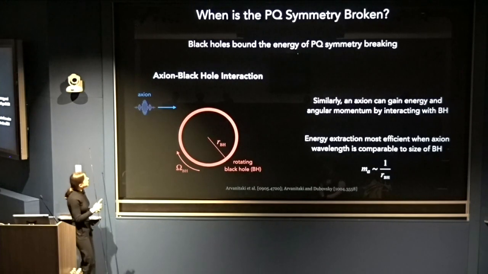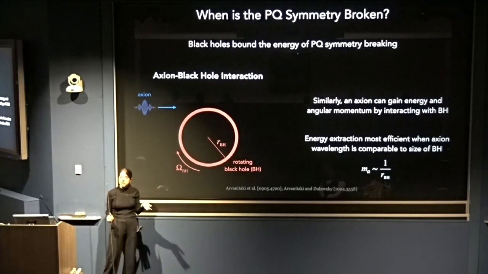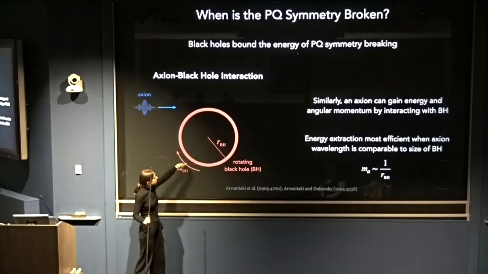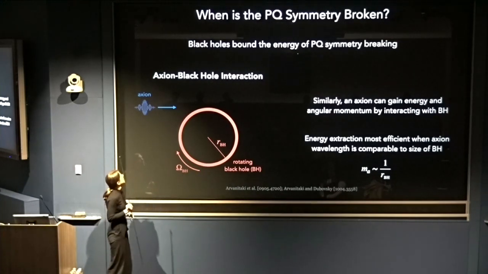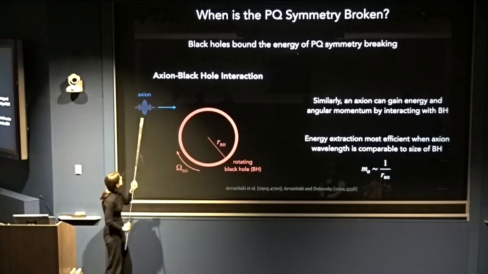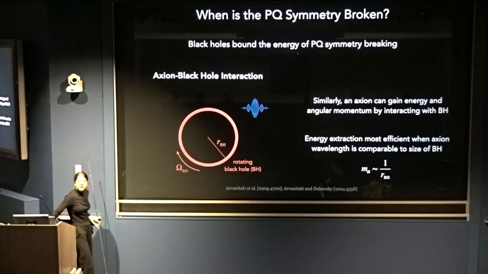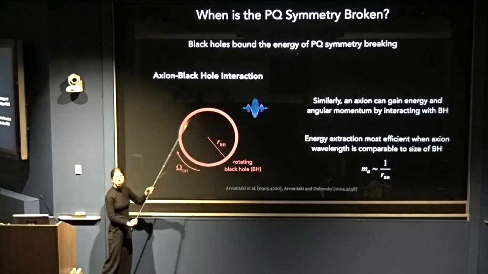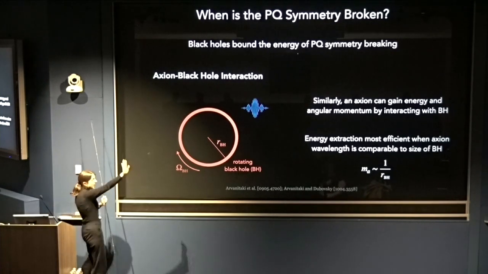A very similar thing can happen when one of these axions flies by a rotating, spinning black hole. In this case, it's the event horizon of that black hole that provides a little bit of, quote, friction. So this is spinning. That axion comes in. When it passes by that horizon, it gets a kick in energy. It essentially extracts a little bit of energy from that black hole and flies off. But it doesn't fly off to infinity.